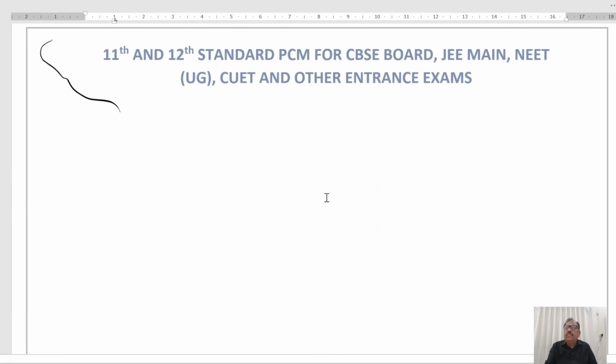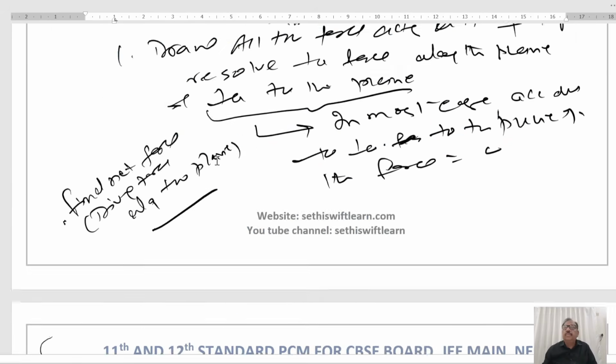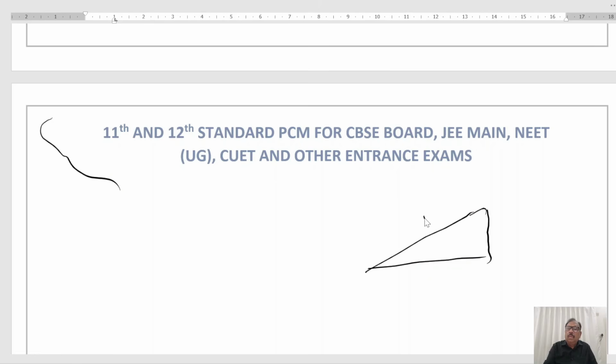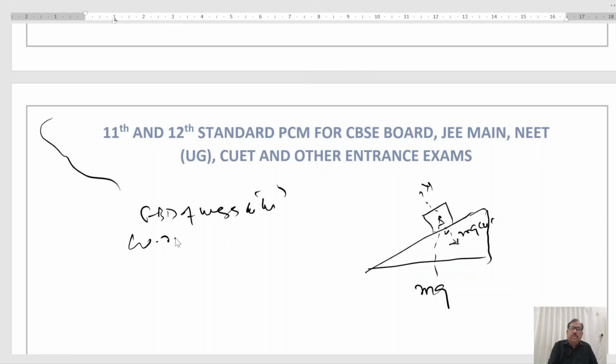Now in this case, you see, this body is, this weight mg, then resolving this, mg cos theta, this is normal reaction, and free body diagram of mass m with respect to chamber.